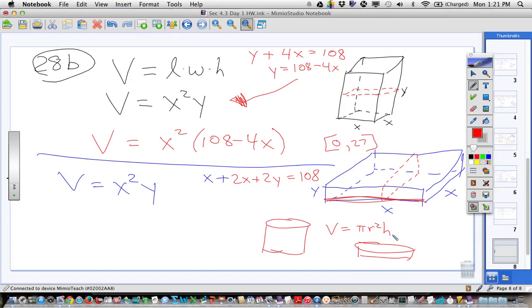Pi r squared times h. Pi r squared, come on, it's 7th grade. That's a long time ago. Well, that's true. All right, pi r squared h. So that's 28C. All right, go to work.